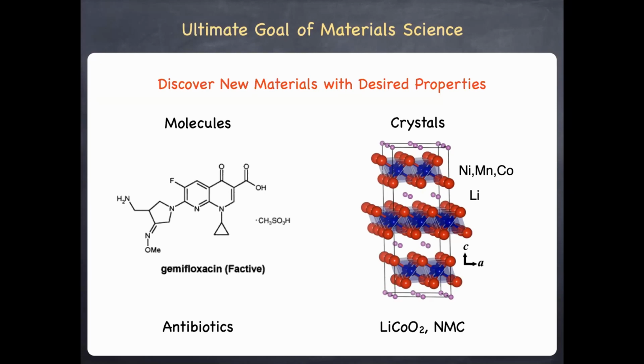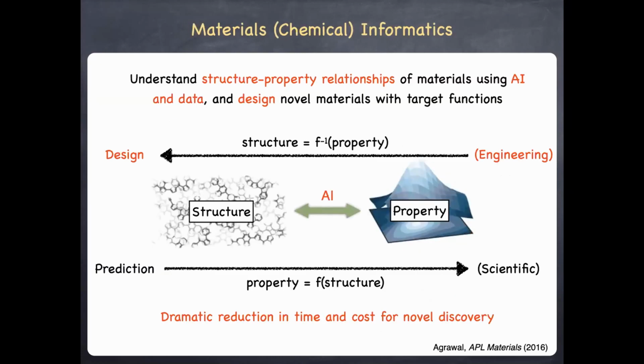And in achieving this goal of discovering new materials with the target properties, the use of data is often referred to as chemical informatics or materials informatics. So the goal of materials informatics is really to understand the structure-property relationships of the materials using data.